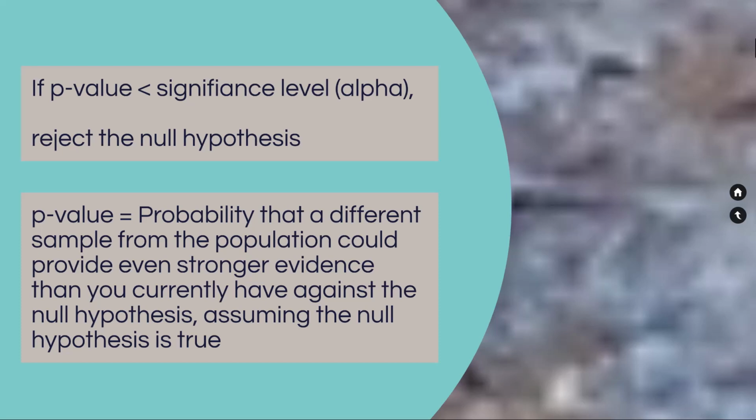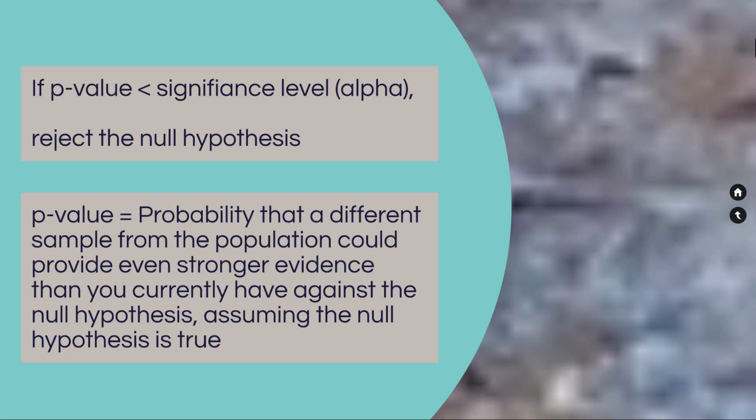P-values, I think, are another one of these places where there can be a lot of misunderstanding about what it is and what it is not. So by its strictest definition, the p-value is the probability that a different sample from the same population could provide even stronger evidence than you currently have against the null hypothesis, assuming the null hypothesis is true.